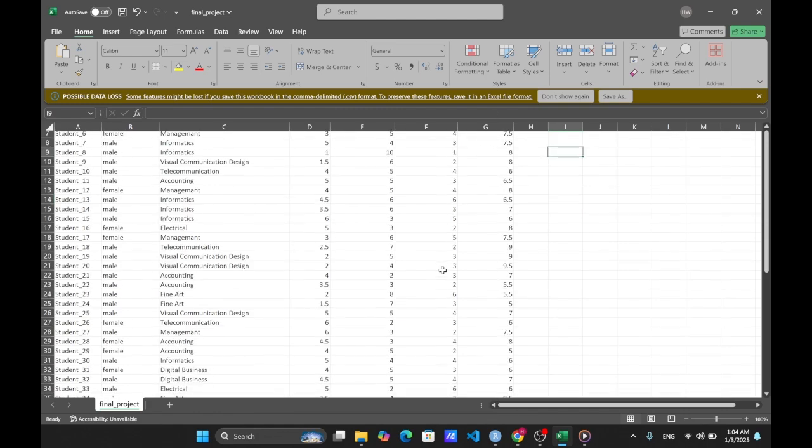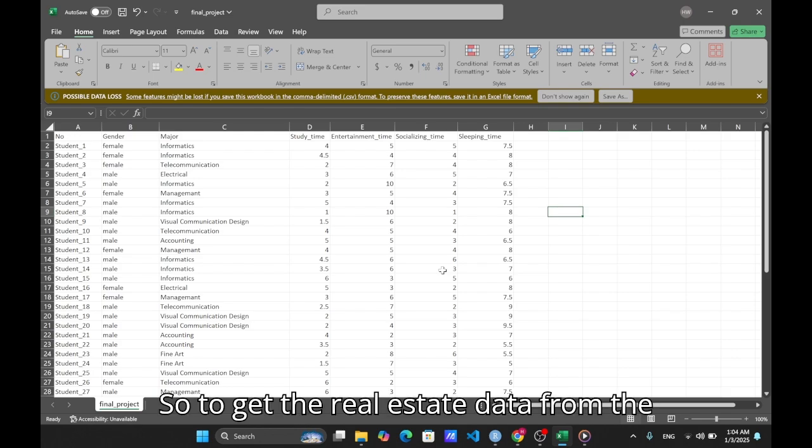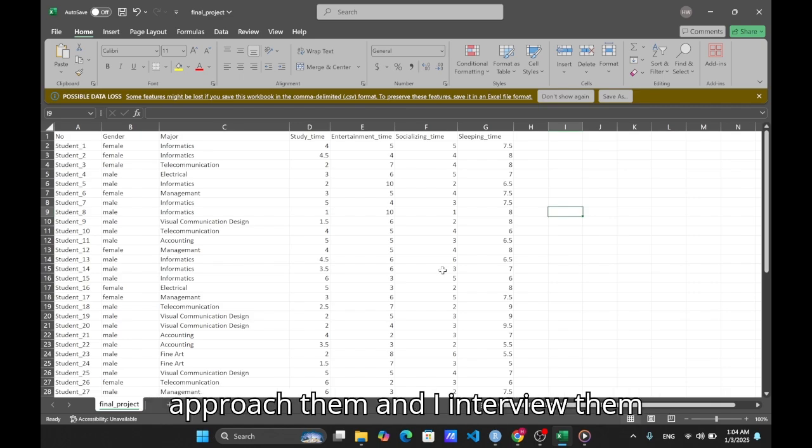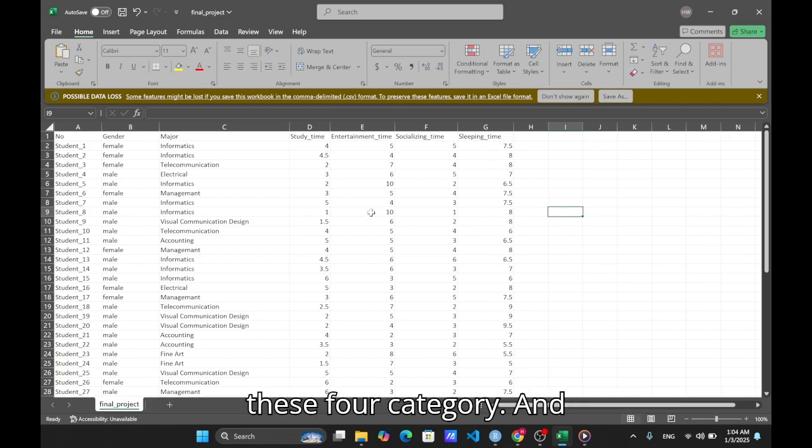Before we start the analysis, I want to share how I collected the data. To get realistic data from students, I walked around the school, and whenever I saw a student, I approached them and interviewed them about how they allocate their time across these four categories.